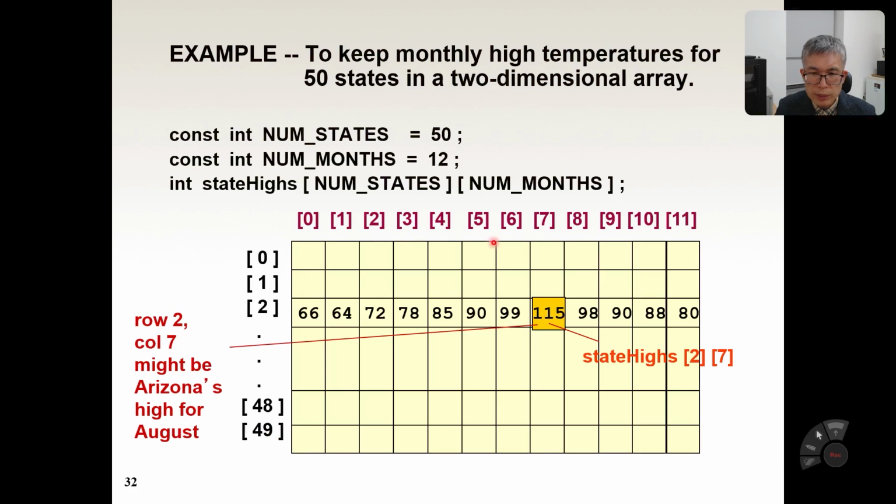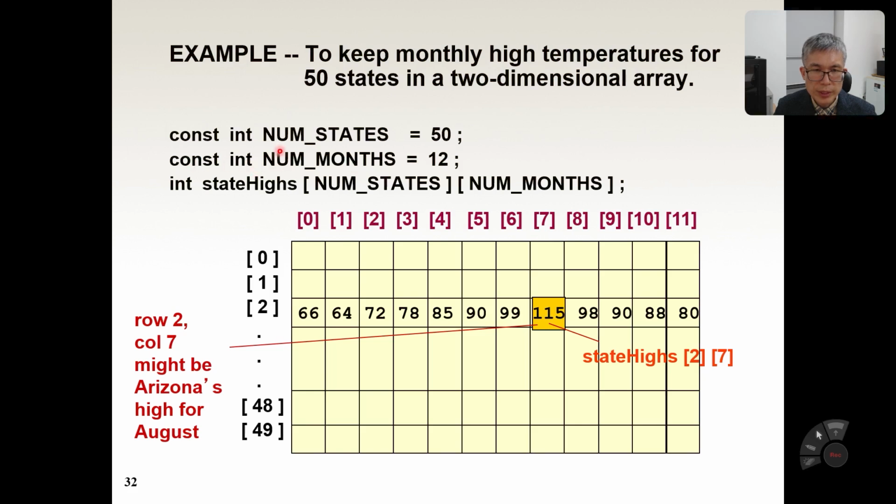And the column is the month's temperature, 0, 1 up to 11. 0 is January, 1 is February, and 11 is December. So this is the temperature. Okay, now num states is a constant integer 50 and num months is a constant integer 12.